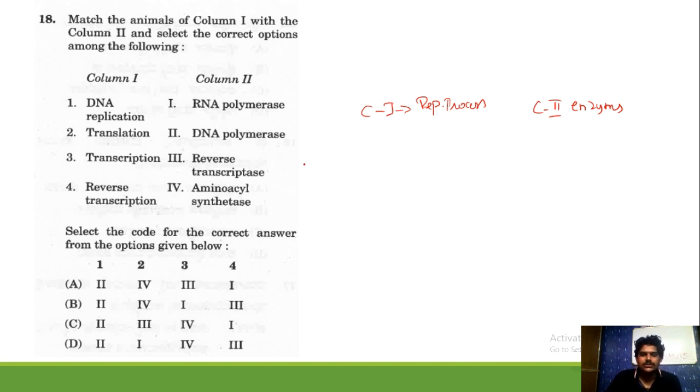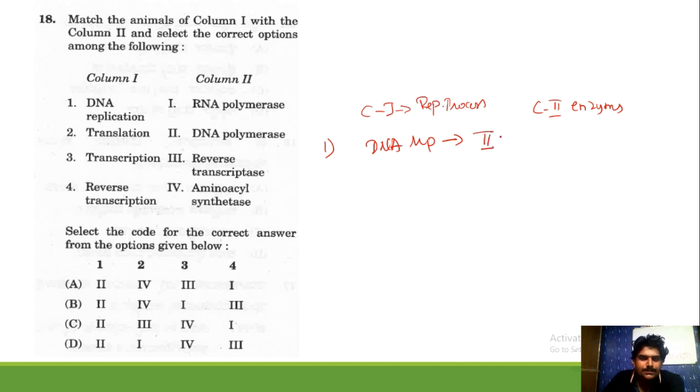Let's solve here. The first one is DNA replication. Among the enzymes in column 2, the best suitable enzyme used in DNA replication is DNA polymerase.